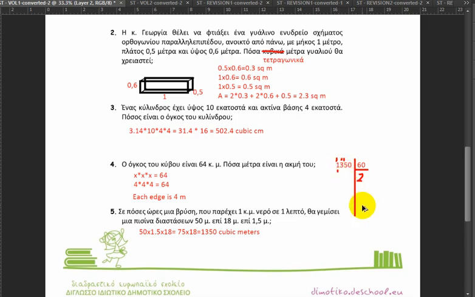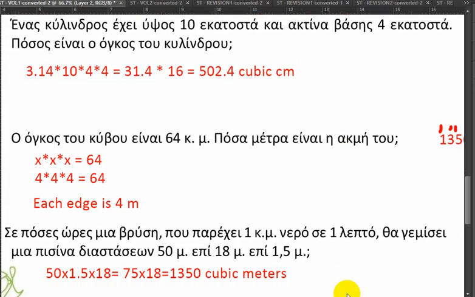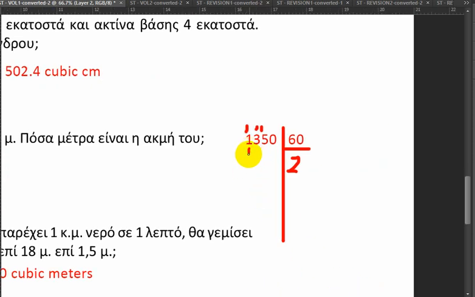2 times 60 makes 120. And my pencil is far too big. 120. I subtract and get 15. Bring down the 0. And 60 fits into 150 twice again.